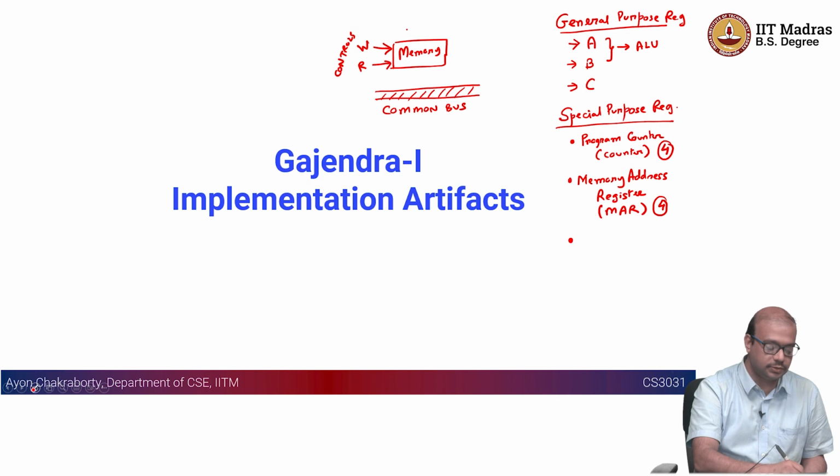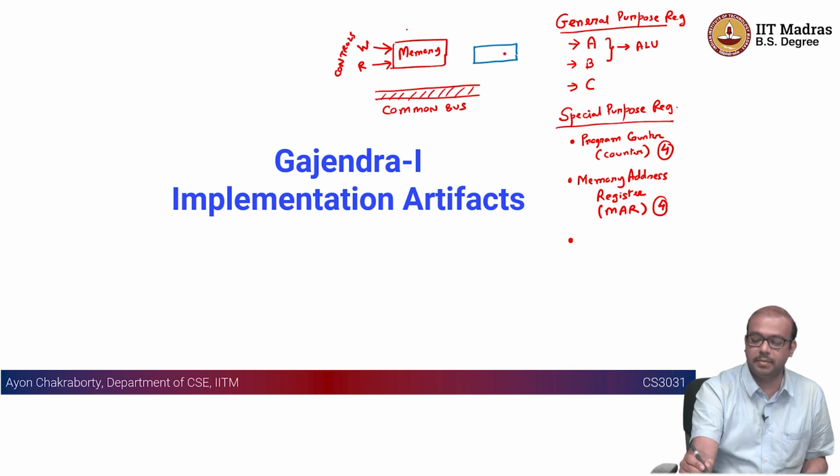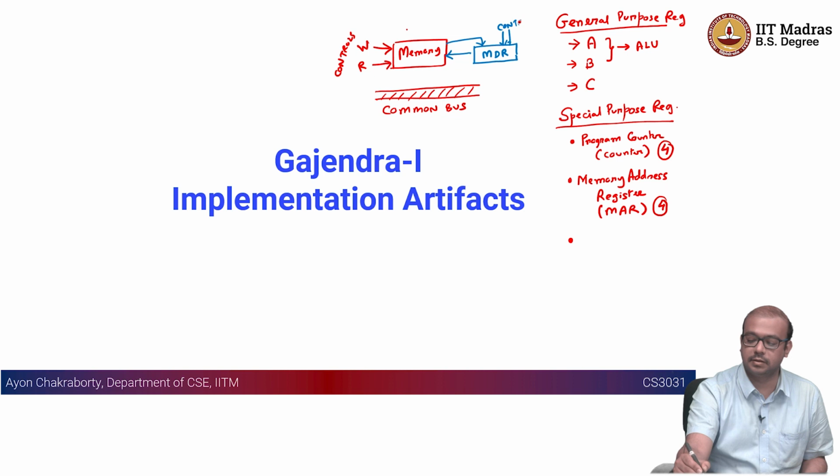So instead, we also use another special purpose register, which is called the memory data register or memory buffer register: MBR, MDR. There are many terminologies. The reads and writes are going to happen like this, and this also has control lines, which in turn are interfaced with the common bus.